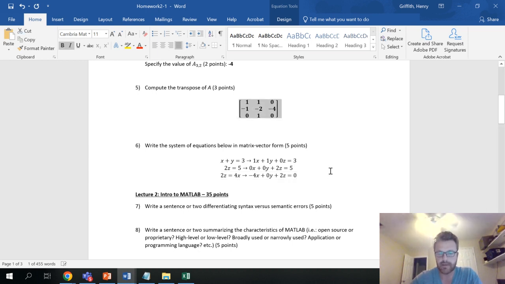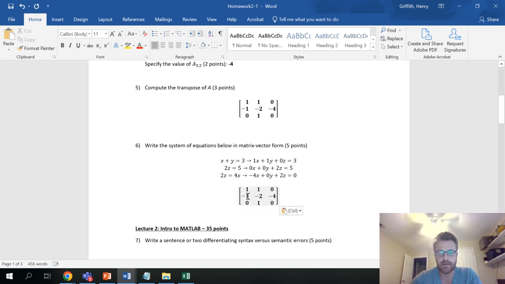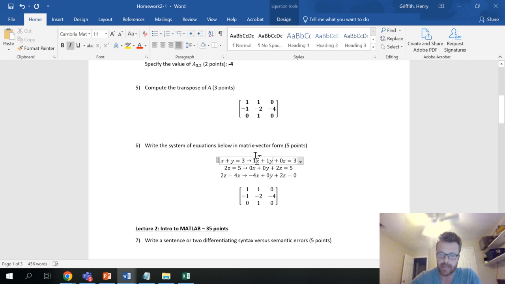So if I want to actually put this into matrix vector form, my coefficient matrix will be, in standard form, x, y, z, x, y, z, x, y, z in each of the 3 equations. So I'm just going to extract the coefficients, 1, 1, 0. That is the first equation. So the first row in the coefficient matrix corresponds to the first equation.